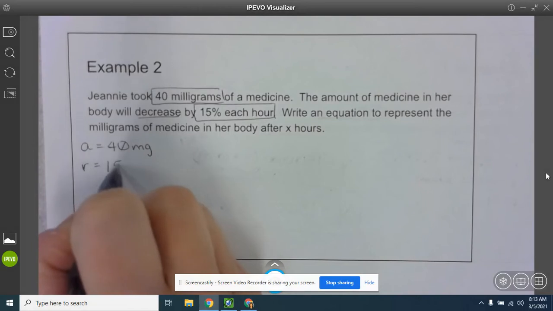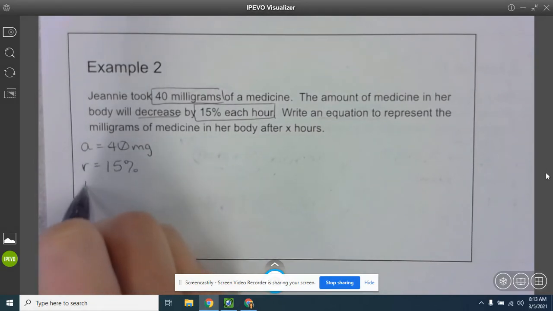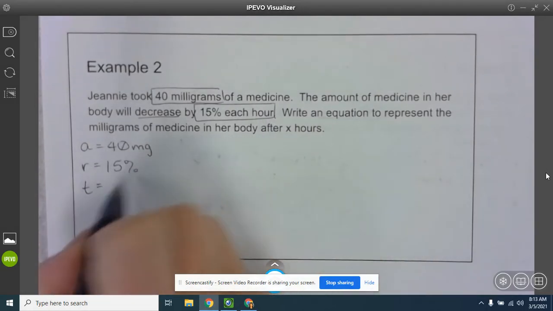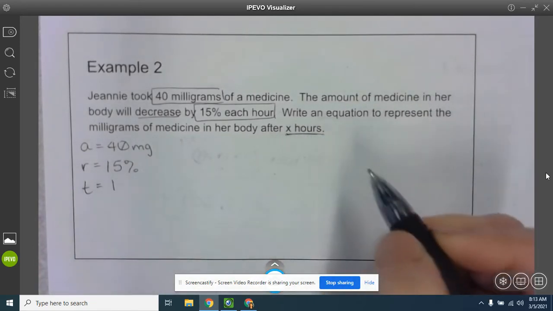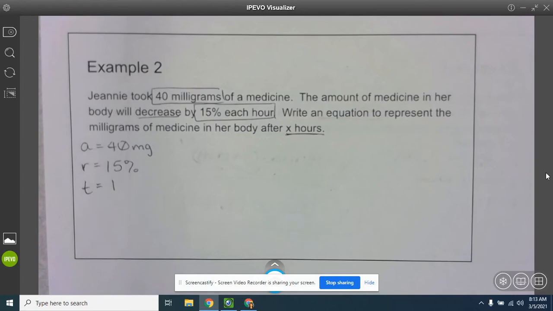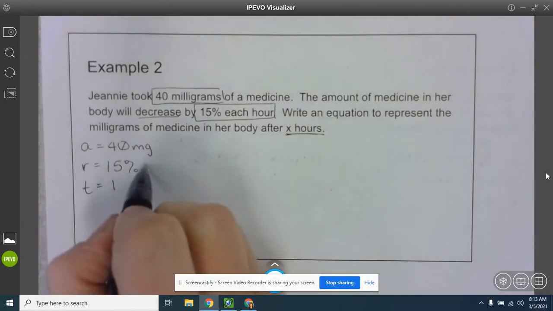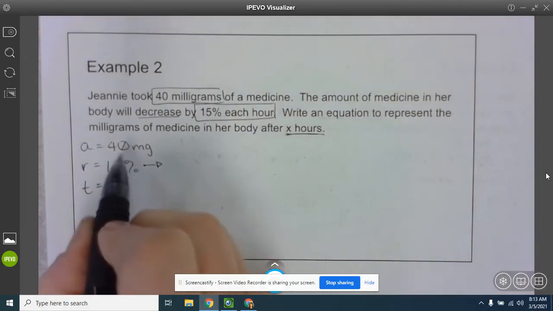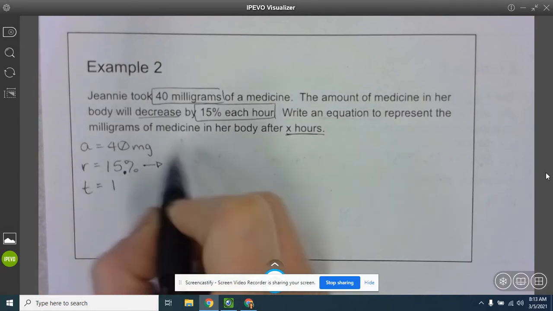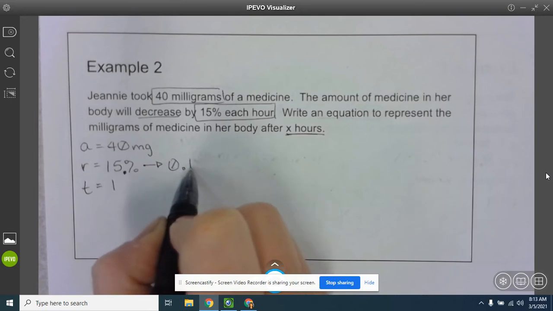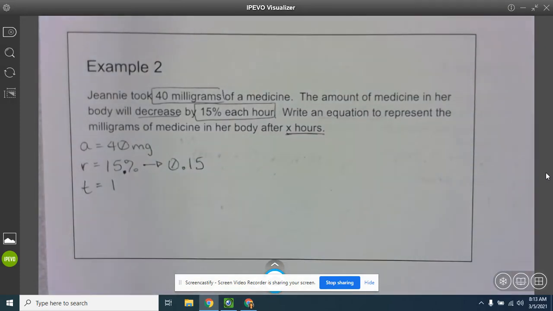So R is going to deal with the 15%. And T, since it says each hour, is going to be 1. X is the thing I don't know. It's asking me to write this equation for X hours. And I do need to rewrite this as a decimal. Moving the decimal place twice to the left gives me 0.15.